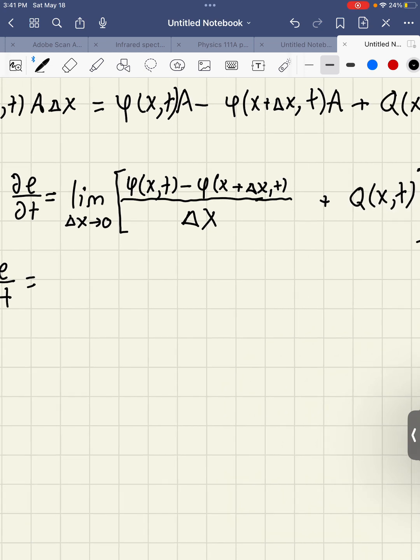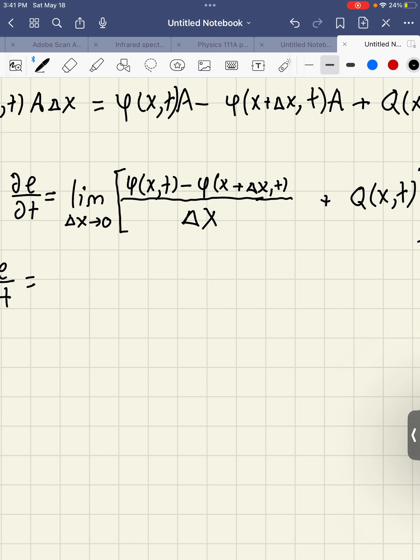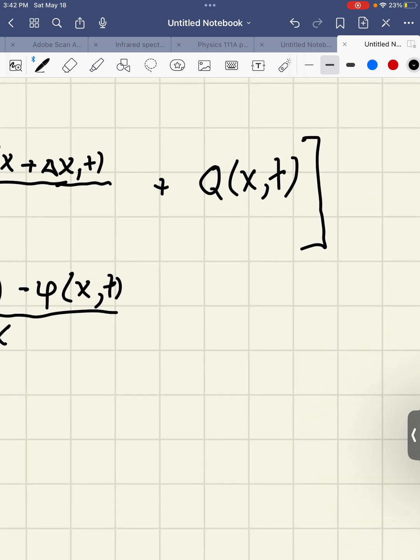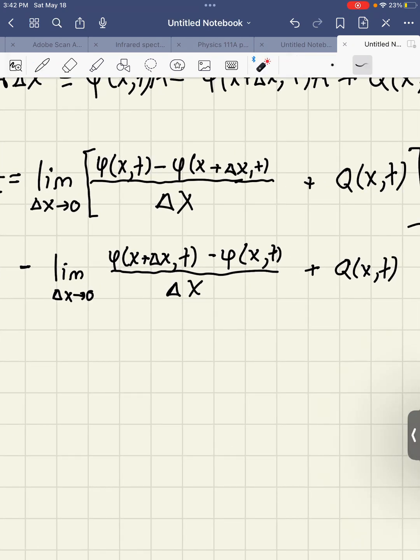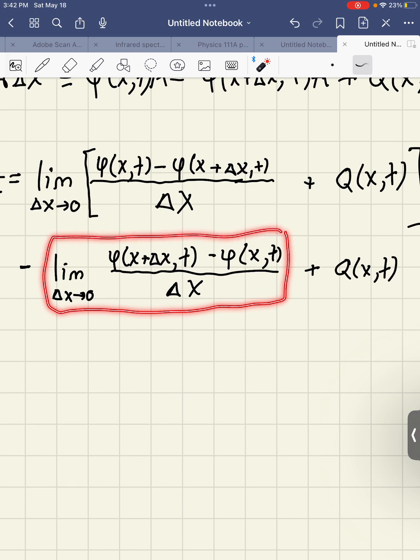Now let me rearrange this so you can see how I got the result. If I factor out the negative, it's phi of x plus delta x, t minus phi of x, t over delta x, and if I take the limit, q of x, t just stays. Now, this is just the definition of the derivative, isn't it?